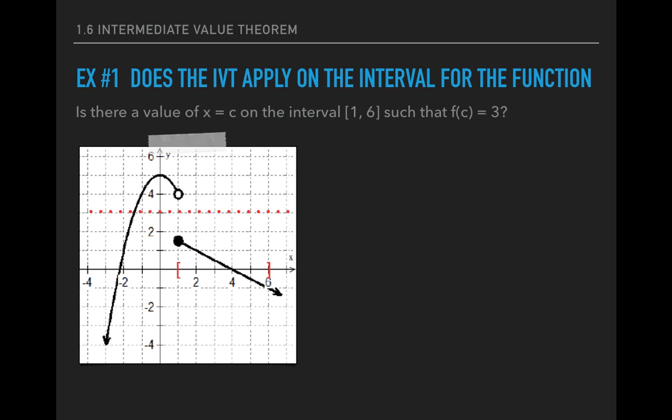And there is nowhere between 1 and 6 where your graph is 3, so there does not exist a value of c such that your function at c is 3, at least not in that interval.